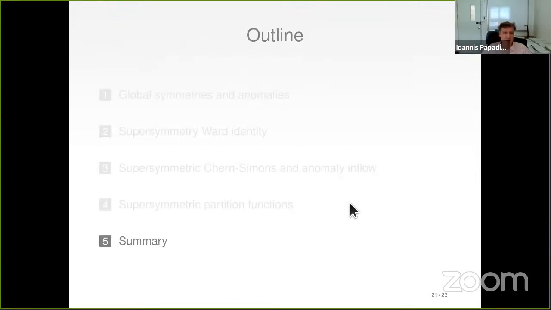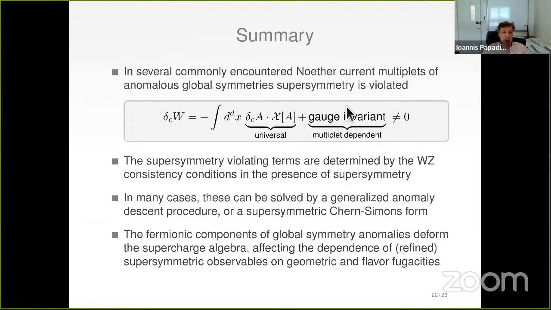So let me summarize. First of all, we saw that there is a generic expression for the supersymmetry variation of the effective action in supersymmetric theories with an anomalous global symmetry. In particular, there is a universal piece that is determined by the Bardeen-Zumino current, and a gauge invariant piece that depends on the multiplet.